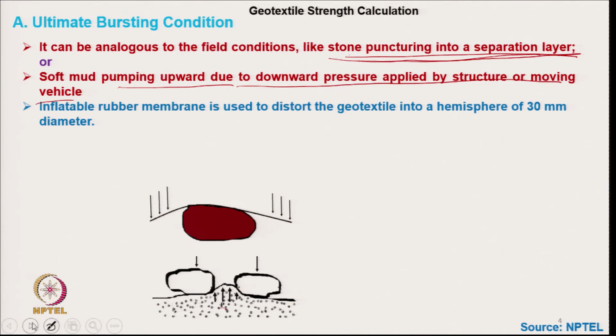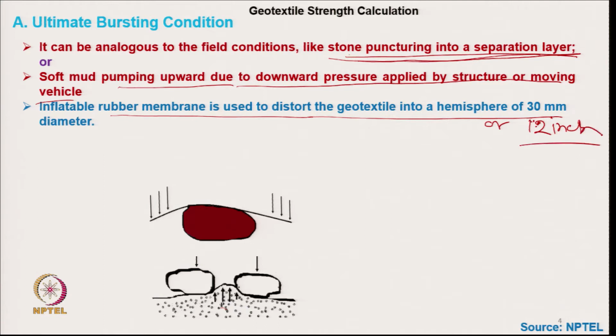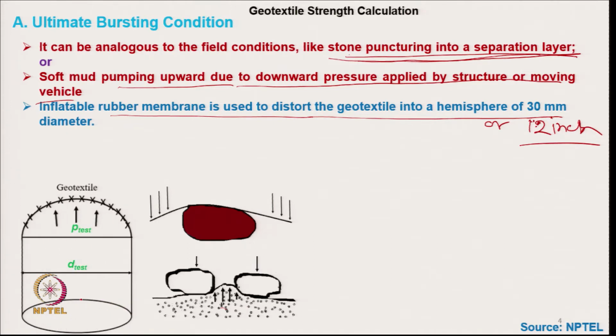So, to test the bursting strength, an inflatable rubber membrane is used to distort the geotextile into a hemisphere of 32 mm diameter or 1.2 inch. So, this is the bursting strength testing.